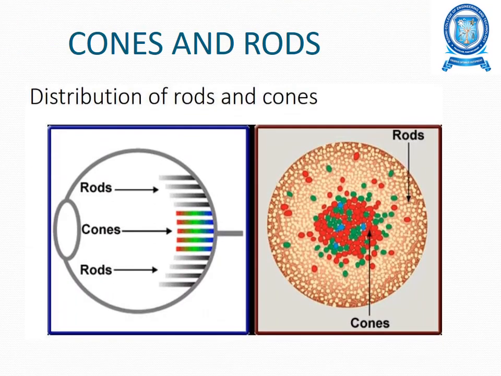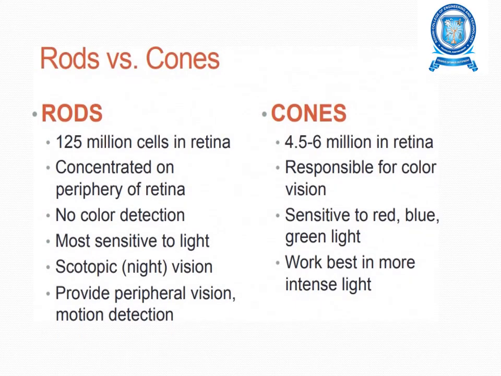You can see the structure of rods and cones and how they are distributed in the human eye. It is clearly given here. Now let's see the composition of rods and cones. About 125 million rod cells are present in the retina, whereas 4.5 to 6 million cones are present.